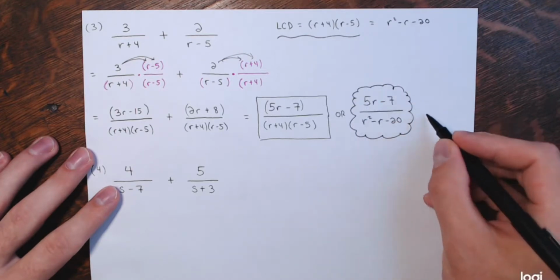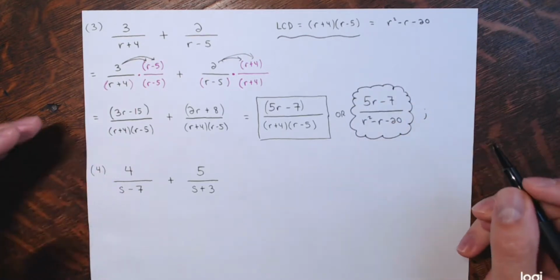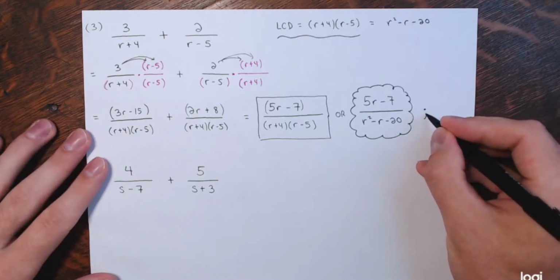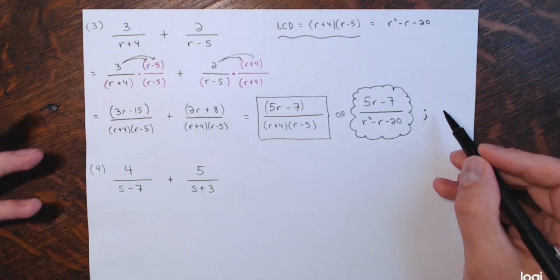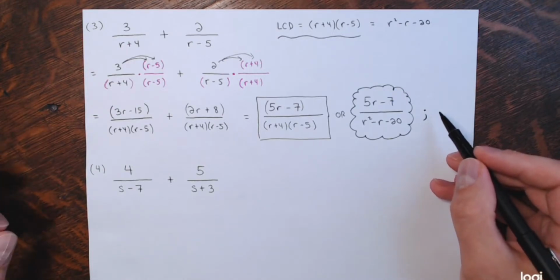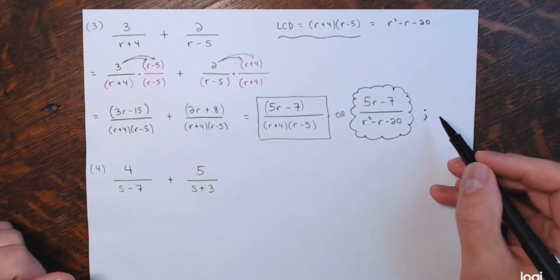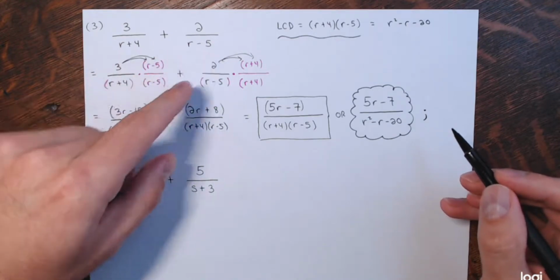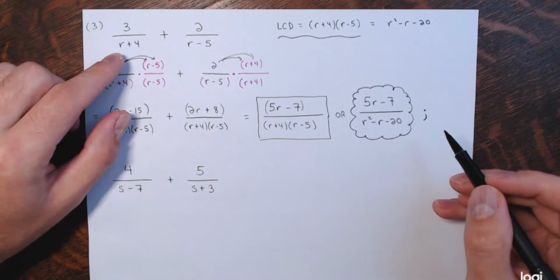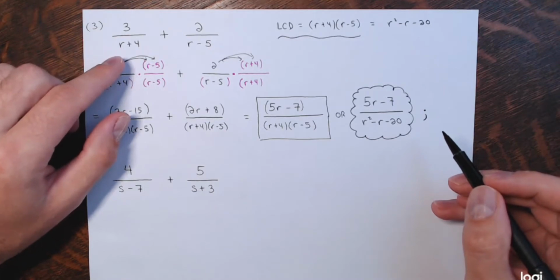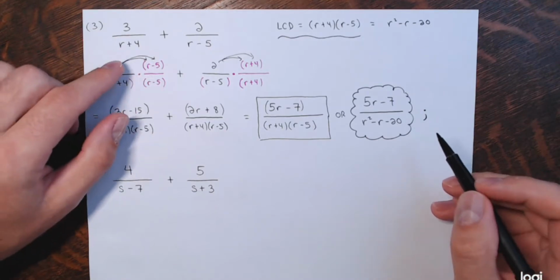All right. And as I've done in previous videos, and I'm going to do in every single example, I would also like to list the values I can't replace r with. So looking throughout this whole process, just pick what are the values of r that would make any denominator equal 0.